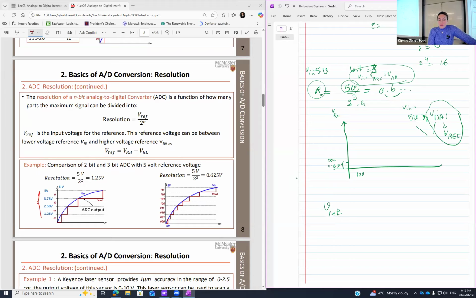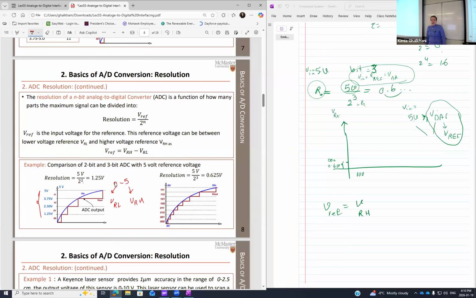VREF should be V reference high, or that maximum I just said, because VREF has a high. For example, if I'm going to start from 0 to come to 5, I have a VREF low and I have a VREF high. That definitely will solve your confusion.